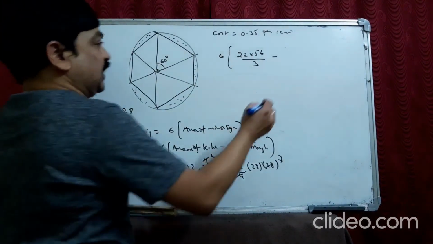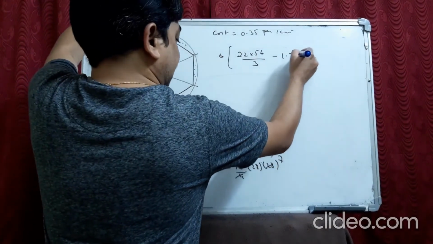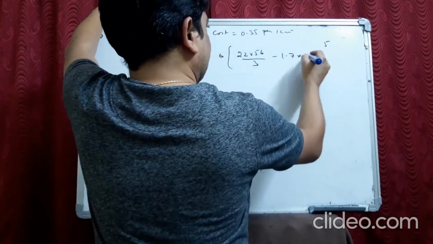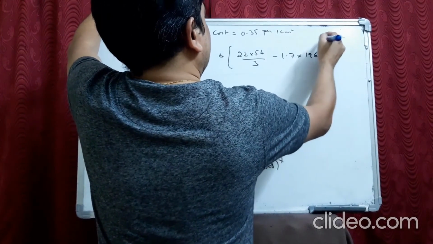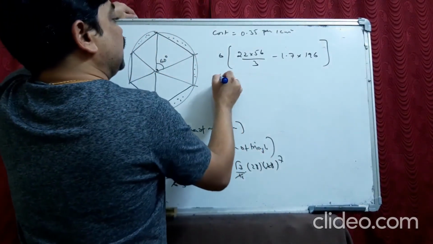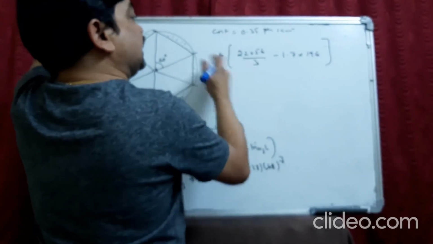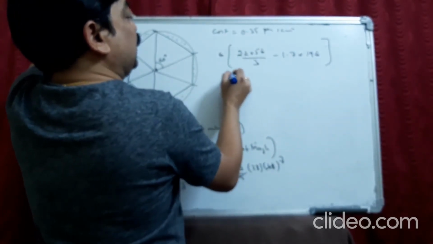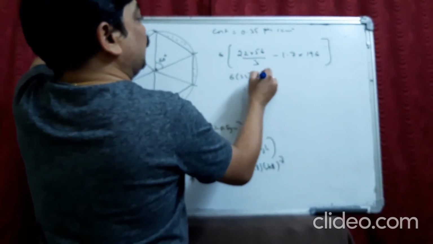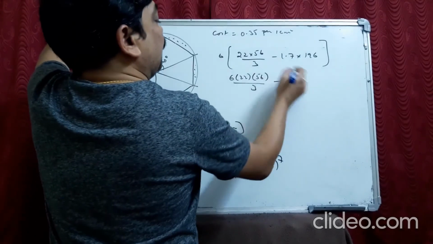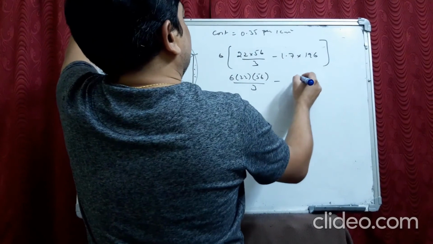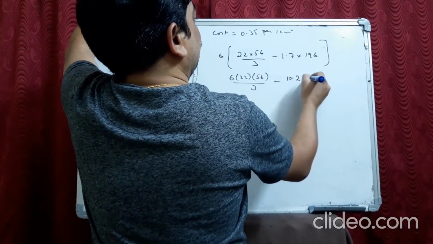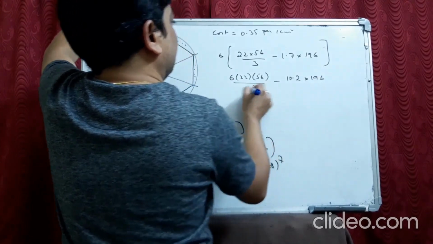Only 1.7 they have taken. 1.7 into 7 8s are 56, 7 2s are 14, 196. Let's multiply this. Let us take 6 inside so that you can avoid some decimals here. 6 into 22 into 56 by 3 minus 6 into 1.7, 6 7s are 42, 10.2 into 196.